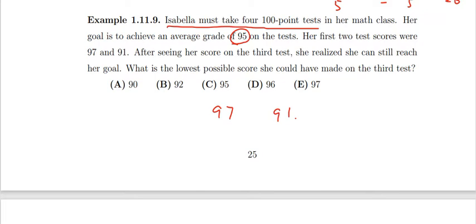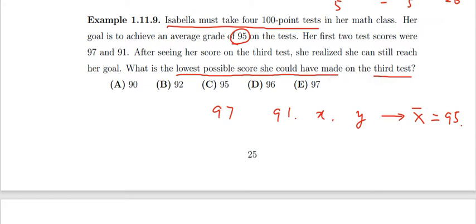But for the last one, she can still achieve this goal, the average can be 95. So what is the question? What is the lowest possible score she could have made on the third test?